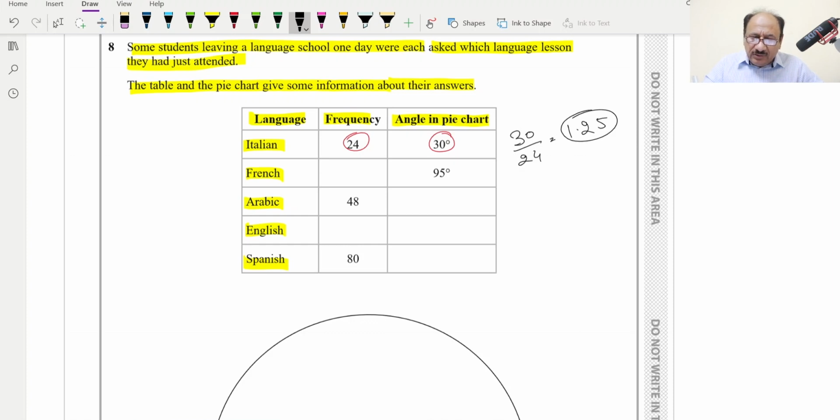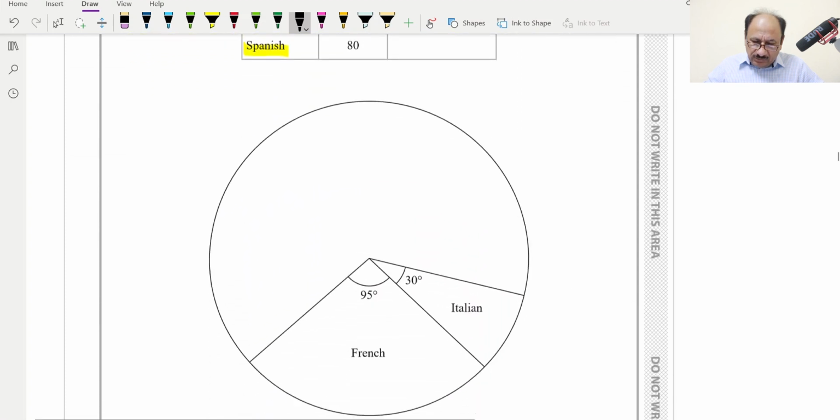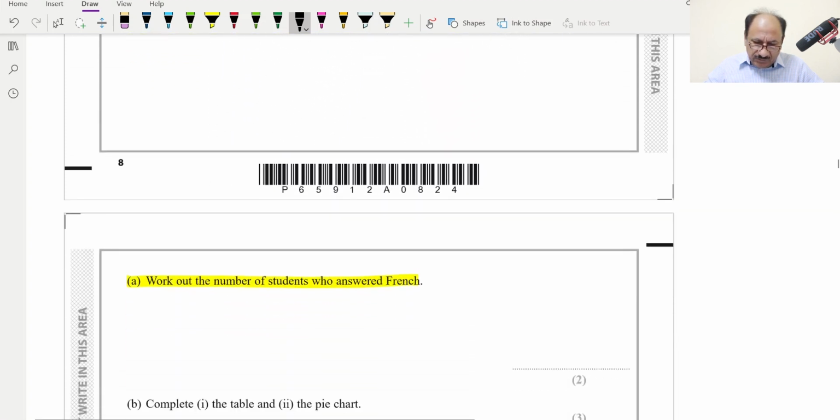So this is basically the conversion ratio. To convert frequency into angle, we will be multiplying by 1.25, and to convert angle into frequency, we will be dividing it by 1.25. So by this tool we can convert between frequency and angle.